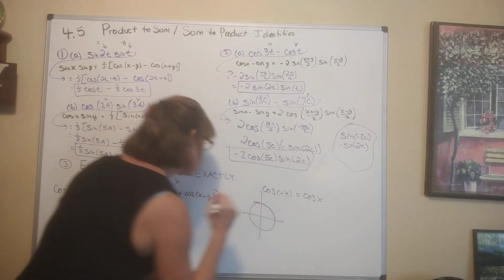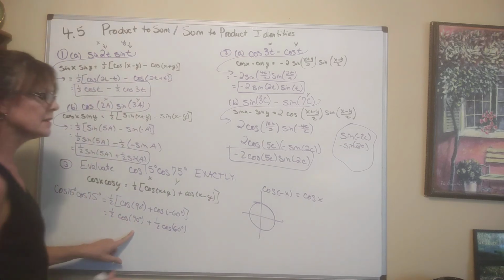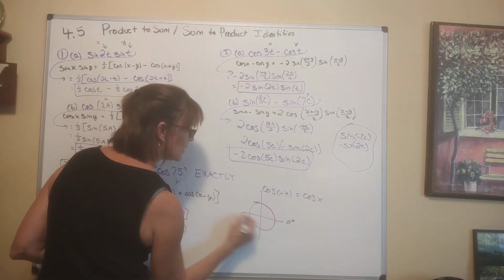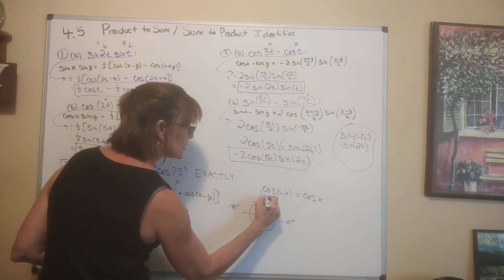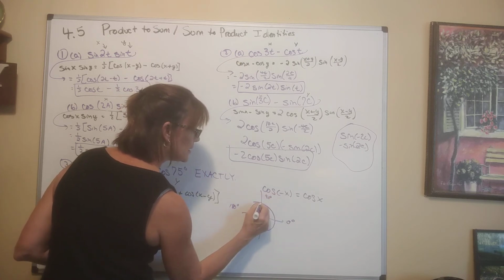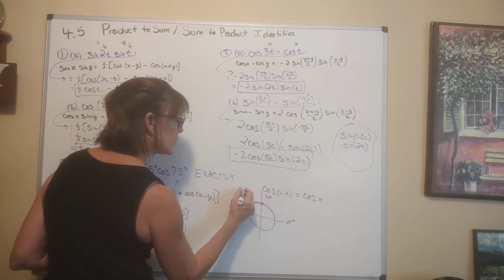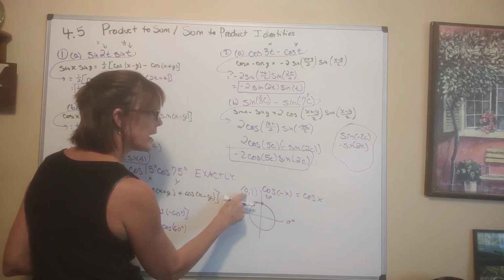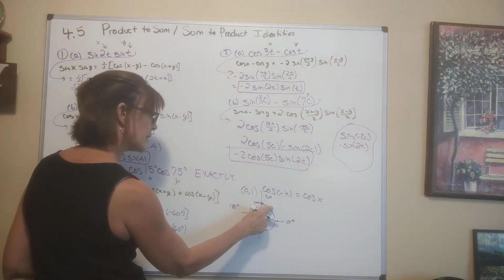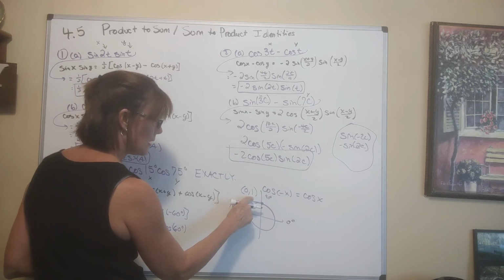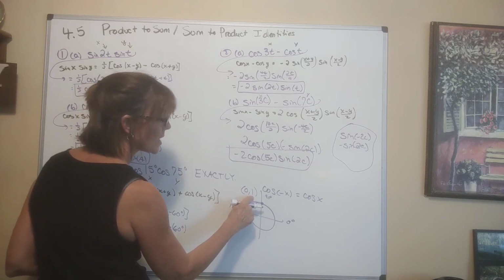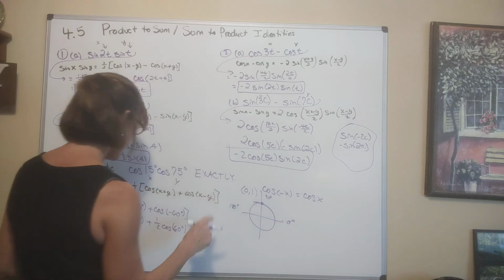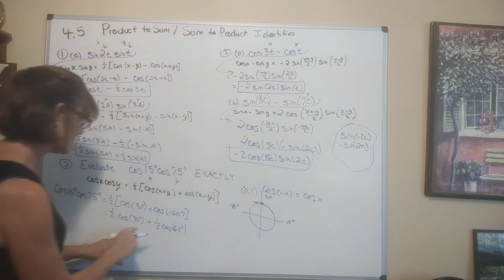I'm looking at 90 degrees, 0 degrees, 180 degrees. This is 90 degrees right here, the point on the unit circle. The coordinates of this point are 0, 1, meaning that 0, the x-coordinate, is the cosine of 90 degrees, and the y-coordinate is the sine of 90 degrees. We are after the cosine of 90 degrees, so this is 0.